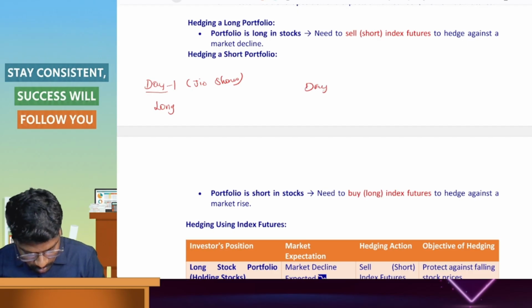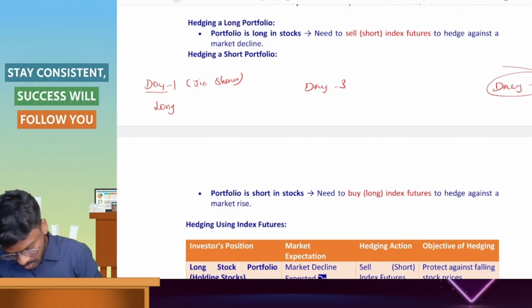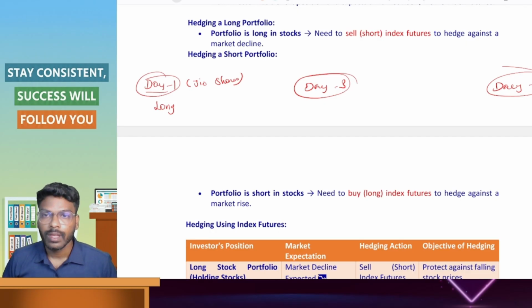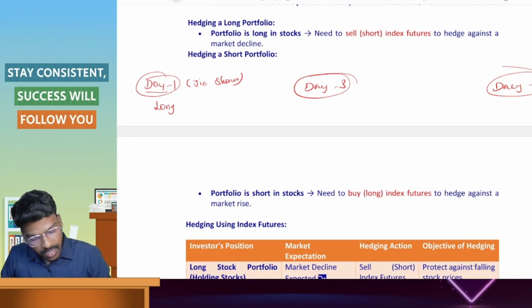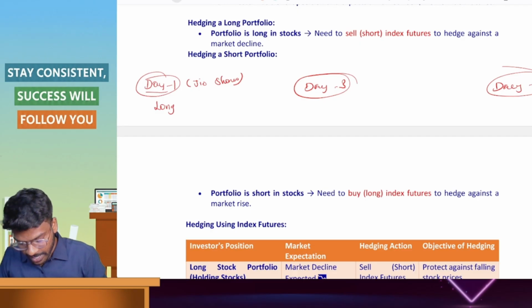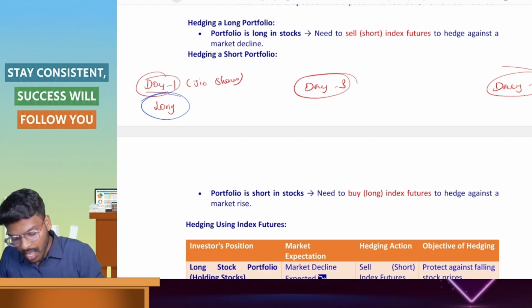On day 3, I expect that price will decrease by day 5. On the first day, I had an expectation that price will increase, so I bought the long position.